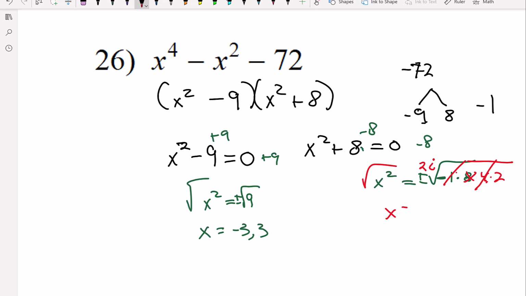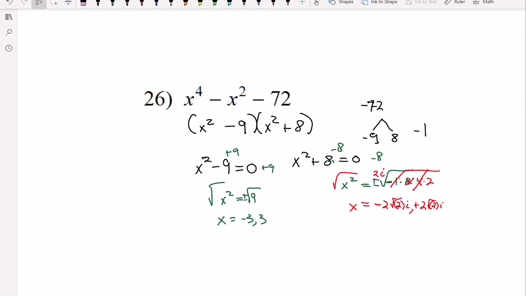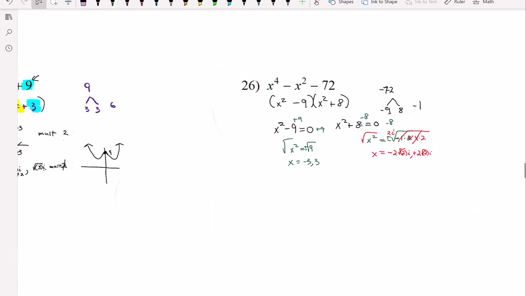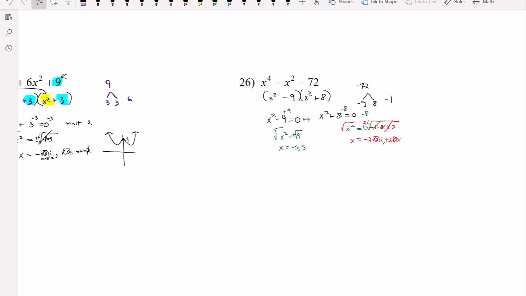So this x equals -2 root 2 times i, and positive 2 root 2 times i. Again, this is just if you're solving. All right, that's it for U-substitution, even though on these I showed the other method. I showed both. Sorry about that.